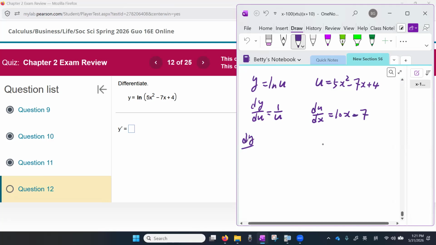And dy/dx equals dy/du times du/dx. dy/du is 1 over u, and du/dx is 10x minus 7.